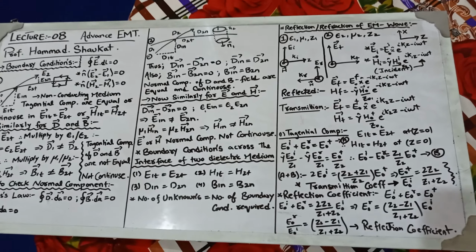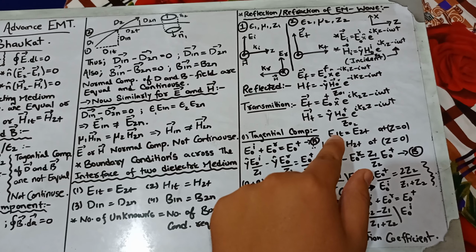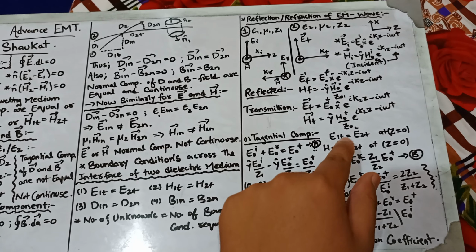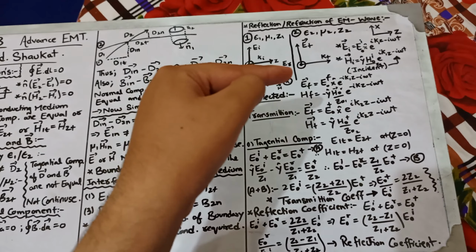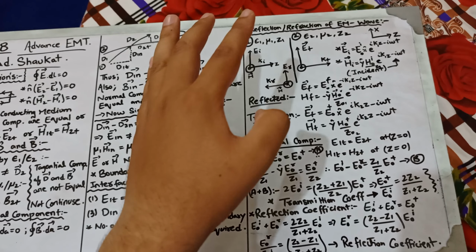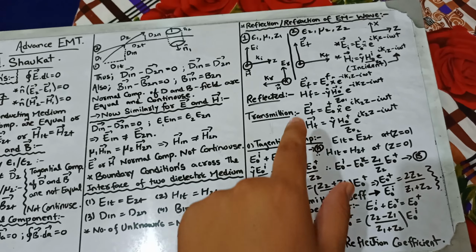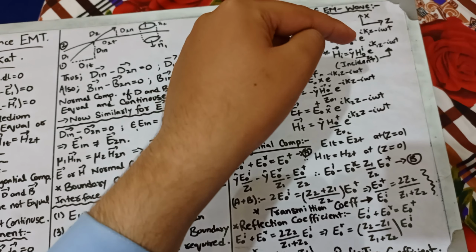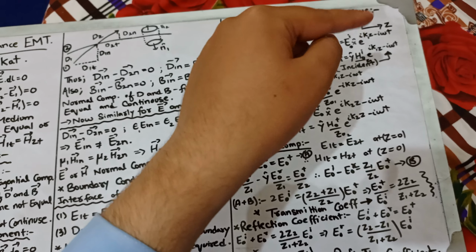Let's solve at z equals 0. So at z equals 0, where is E1t? You have to put z equals 0 here, here and here, in all of these wave equations. When you apply z equals 0, e power 0 becomes 1.